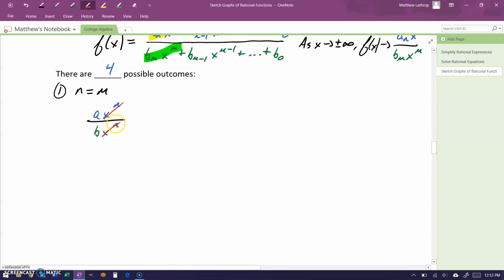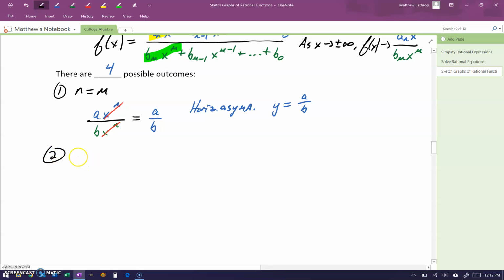So x to the n divided by x to the n would cancel, which would leave us with just a over b. If that's the case, then what we have is a horizontal asymptote defined by the line y equals a over b, so whatever those coefficients reduce down to.